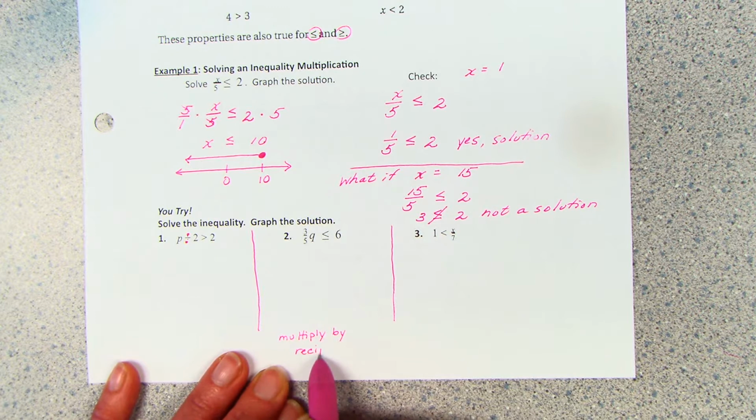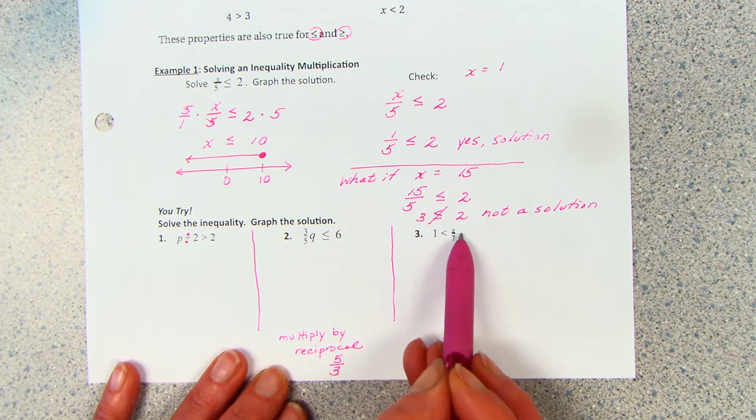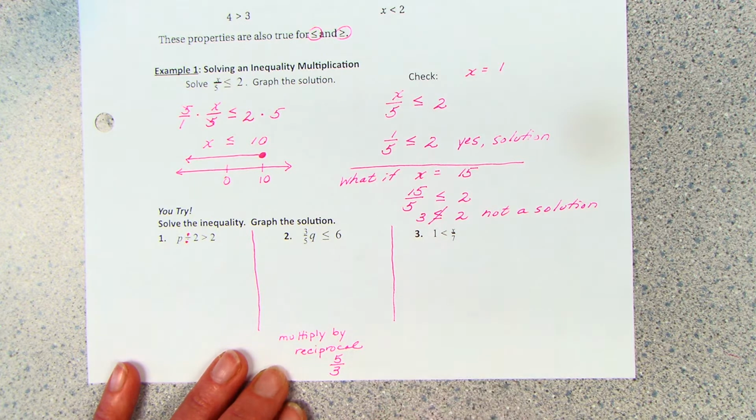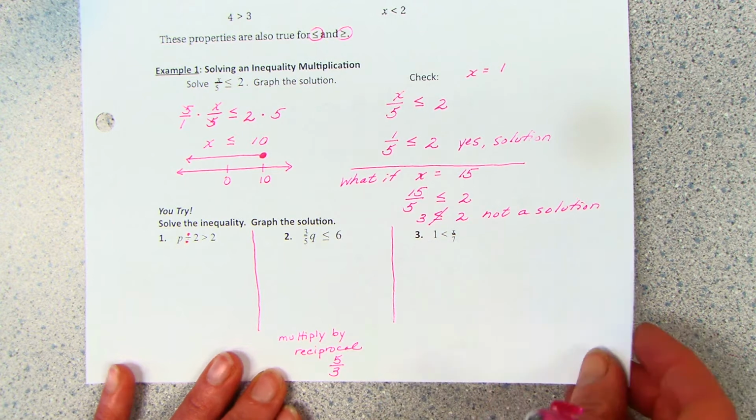So anytime you have a fraction instead of a whole number, then you have to flip it over. So you're going to multiply by 5/3. Right? And then when you get here, be careful because the variable is on the right-hand side. So when you get ready to graph, you want to flip it around, right? Move this on this side and be sure that you flip your inequality symbol as well.